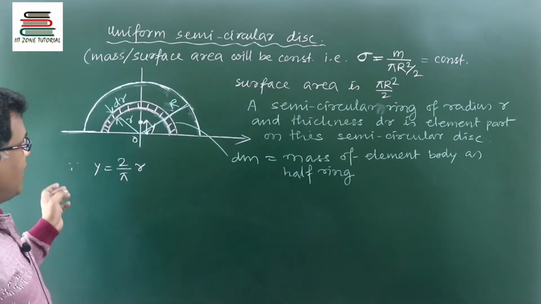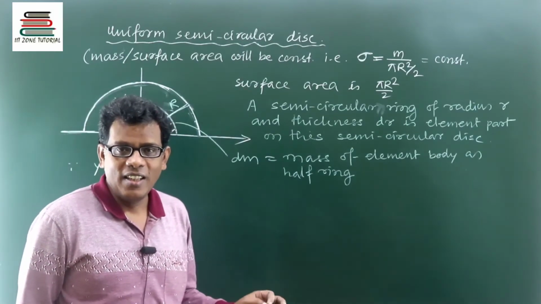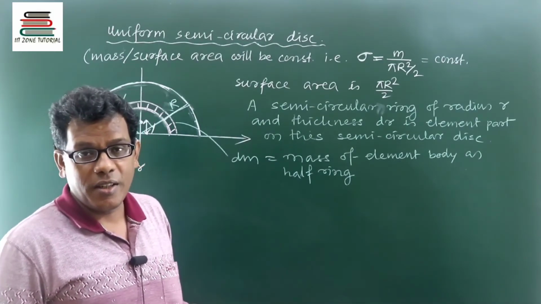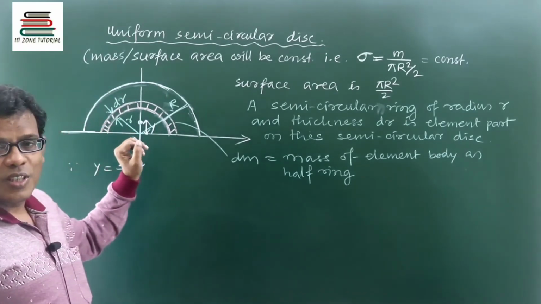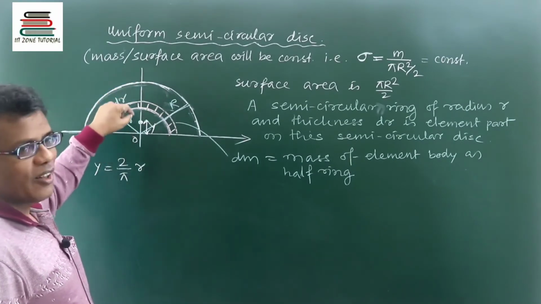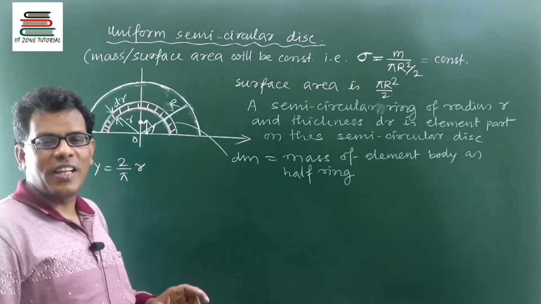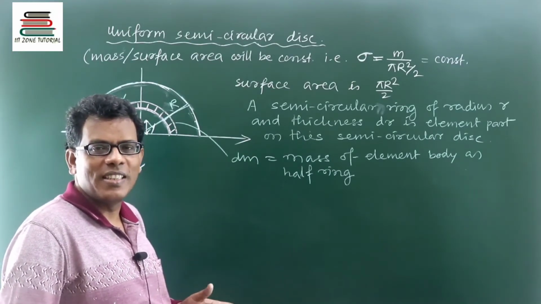So now if I say the entire semicircular disk is nothing other than the composition of semicircular rings taken one after another, then all those semicircular rings' own mass will lie definitely on this line only, which is the line of symmetry for the semicircular disk as well, isn't it?